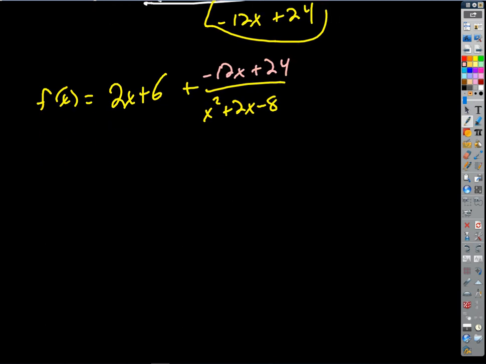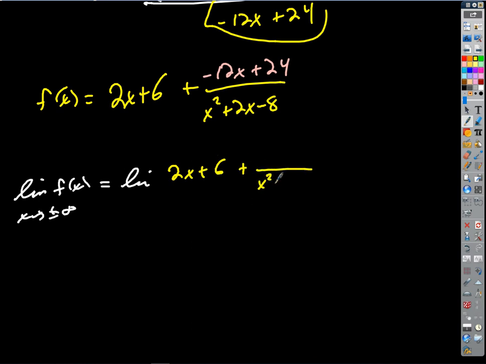So if I take the limit of my function then, as we approach plus or minus infinity, I'm taking the limit of 2x plus 6 plus -12x plus 24, all divided by x squared plus 2x minus 8.